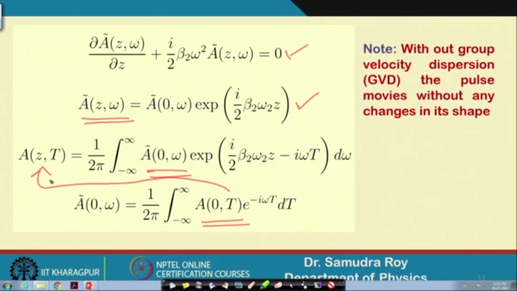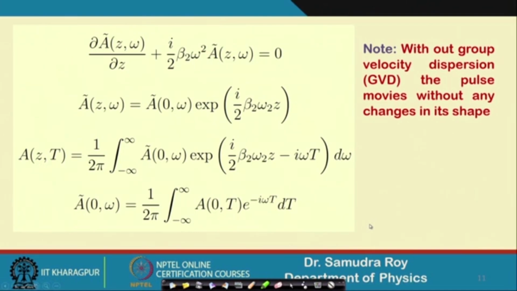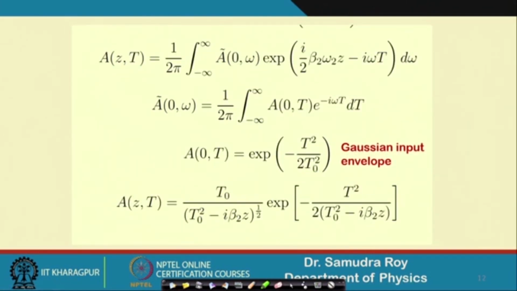Another thing to note here: without the group velocity dispersion term, del A del z is simply 0. That means the pulse will move without any distortion. This is quite trivial, but it is important to note that it can move without any distortion.